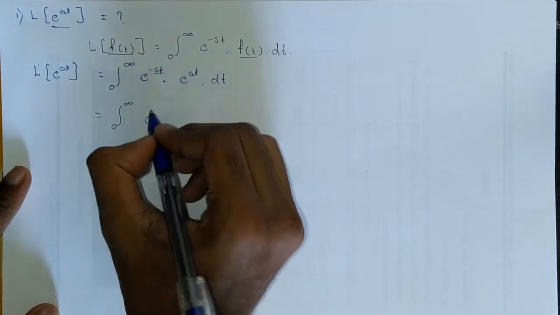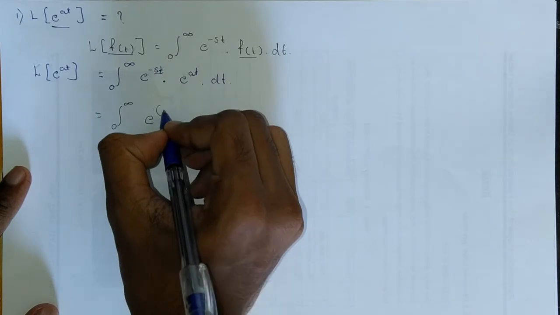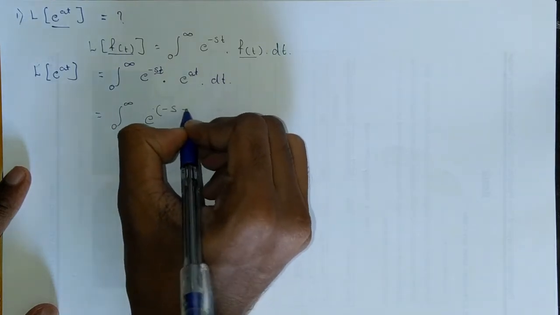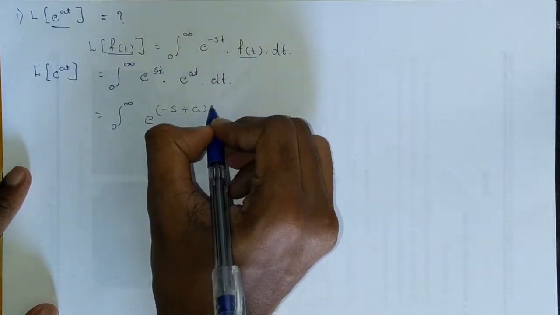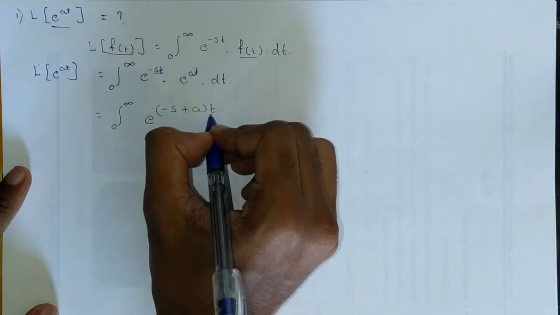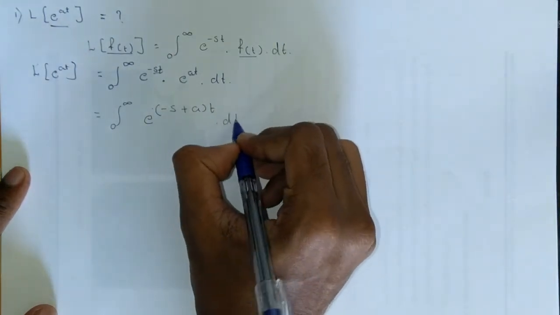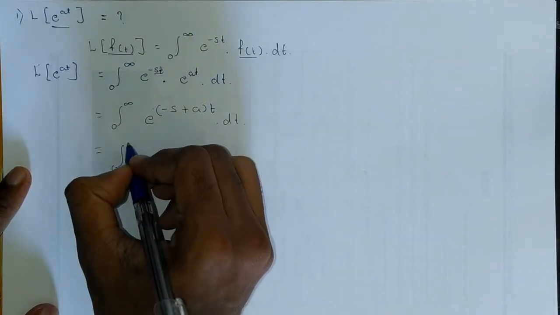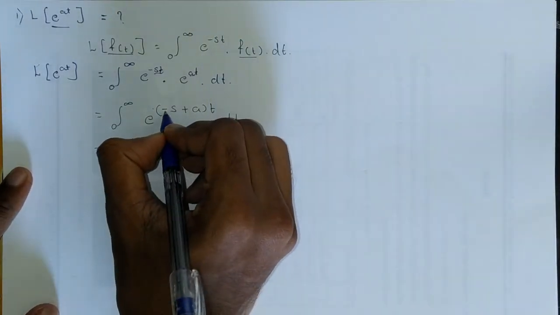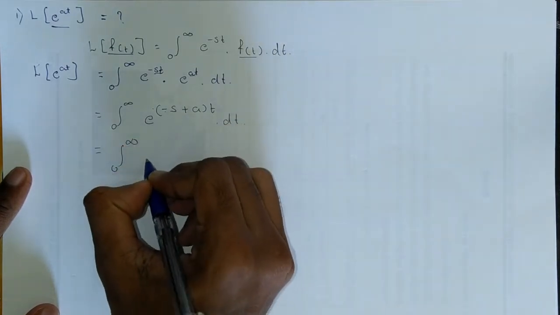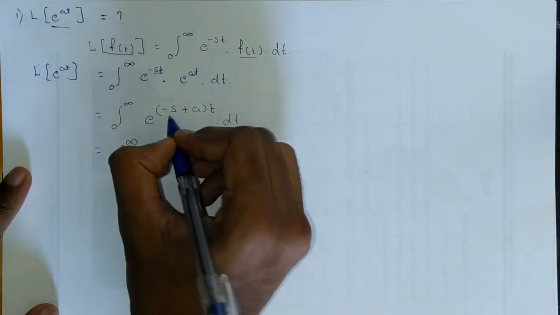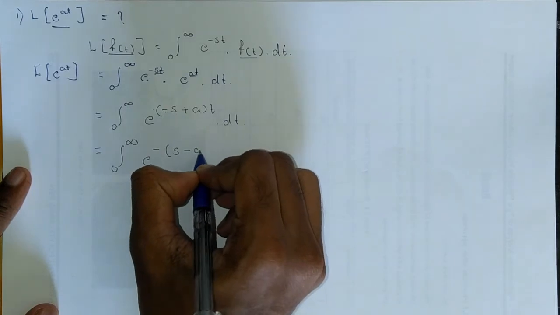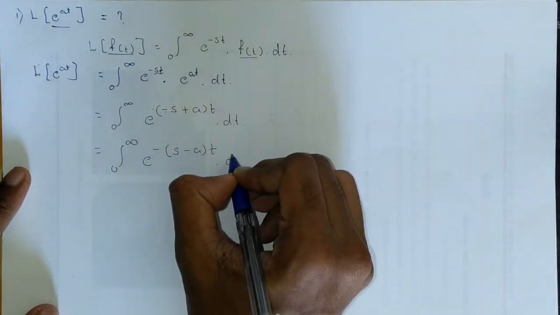So I am taking out the minus sign, this makes it minus s plus a. t is common with both, so I am taking out the common dt. Clear? Integration 0 to infinity. I am taking out minus sign from both sides, so e raised to minus, so what is it here? s minus a t dt.